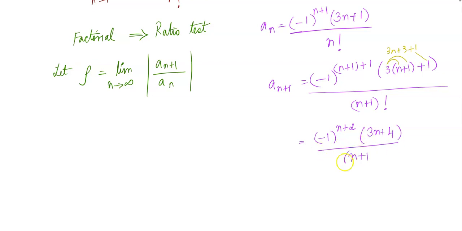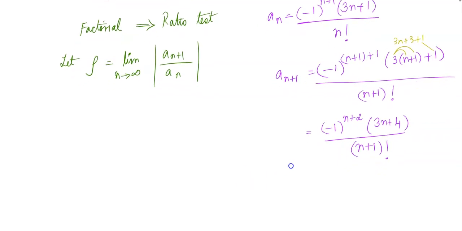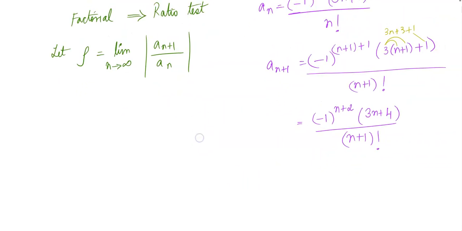Over (n+1) factorial. So we've got a_(n+1) kind of reduced. Let's come back here to the main step in green. Oops, n+2.